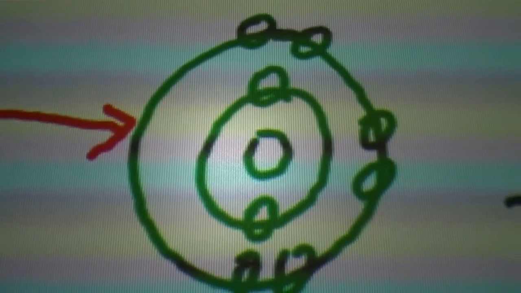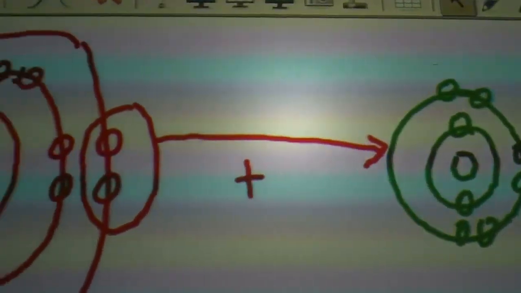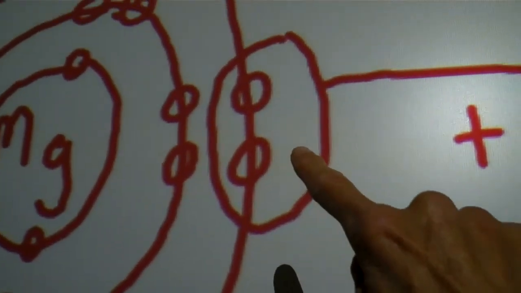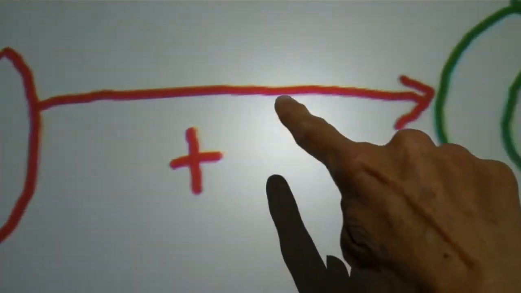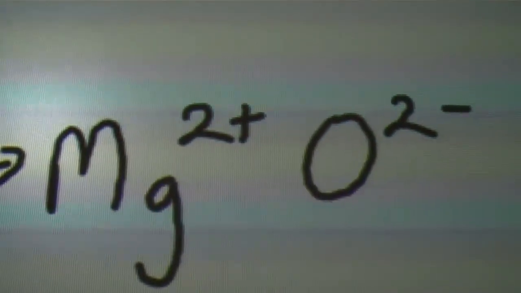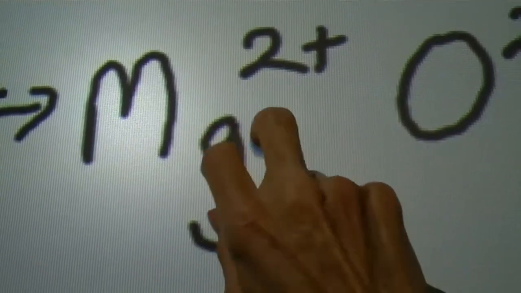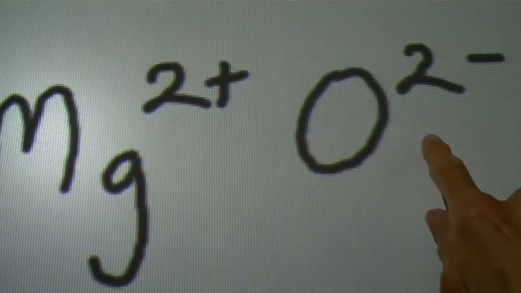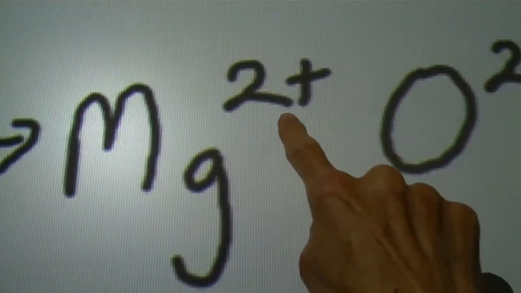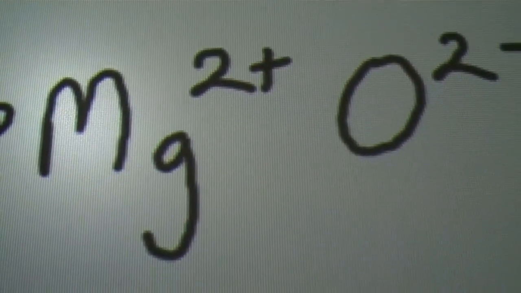To get a full outer shell, it needs to gain 2 electrons. So when you burn magnesium in oxygen, the electrons are transferred over to the oxygen. In the magnesium oxide we have a 2 positive charge on the magnesium, a 2 negative charge on the oxygen, and the attraction between the positive and negative is called the ionic bond.